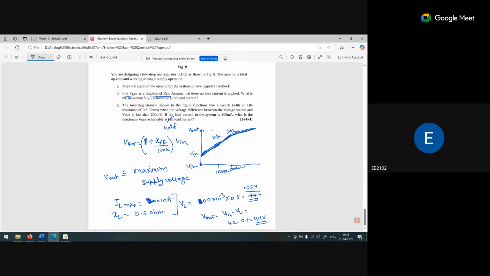Now 4.2 minus 0.05, so it is 4.15 if it is given the half load current. Now in the question it is given the full load current, that means the full 200 milliampere current will be passing through the load.